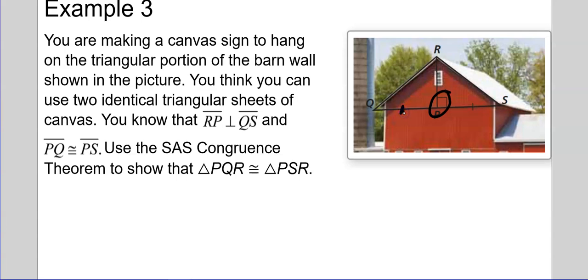Those are marked right here. We also know that this right here, RP, is congruent to itself, and you know that because of the reflexive property.